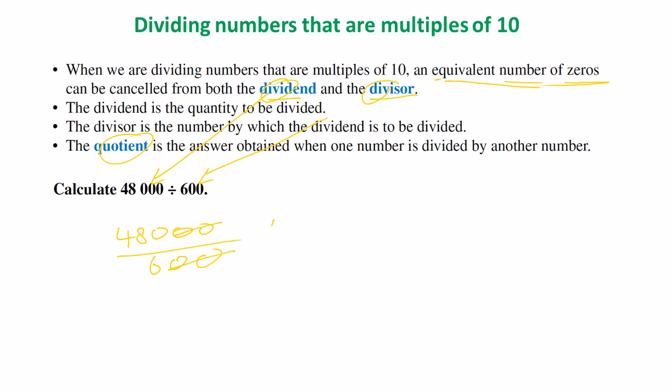So effectively what it looks like now is 480 divided by 6, and we can actually do that one as a short division. 6 goes into 4 no times, so we can't do it. 6 goes into 48, 8 times. 6 goes into 0, 0 times. So the answer is 80.